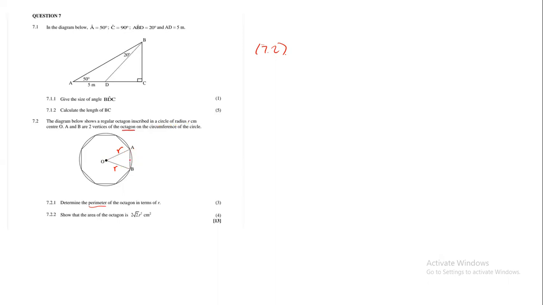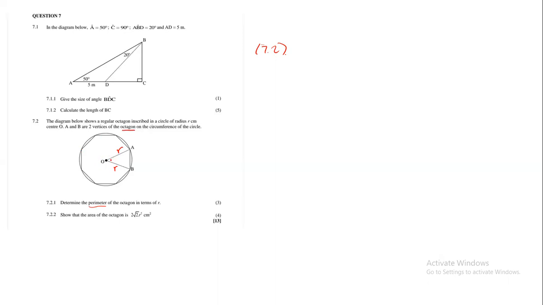So if I want to determine side AB, I have to use one of the trigonometric rules. One of the most important parts is that if I draw many radii, I will have angles around this point, which add to 360 degrees.